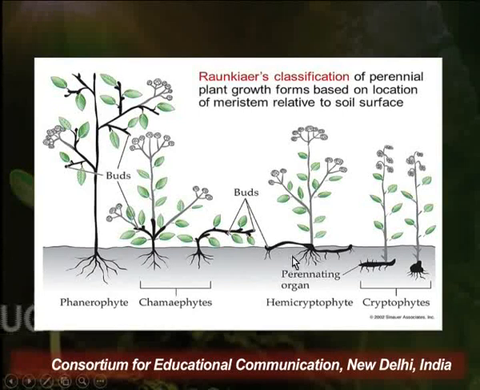Then moving on to the hemicryptophytes, they are either just covered with the soil surface or very near to the soil surface. And lastly, we can see the cryptophytes, where the buds are embedded inside the soil. So this diagram shows Raunkiaer's classification of plants according to the soil surface.